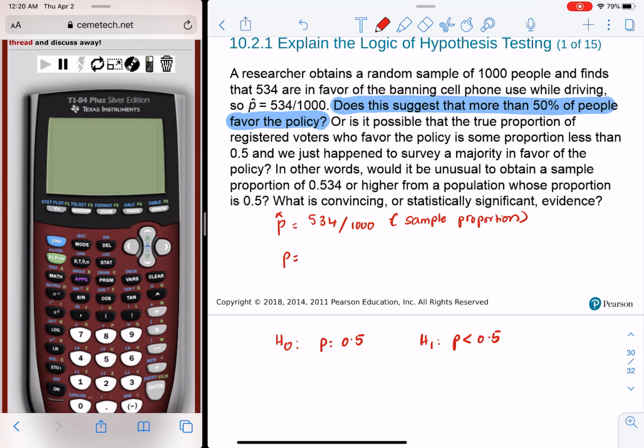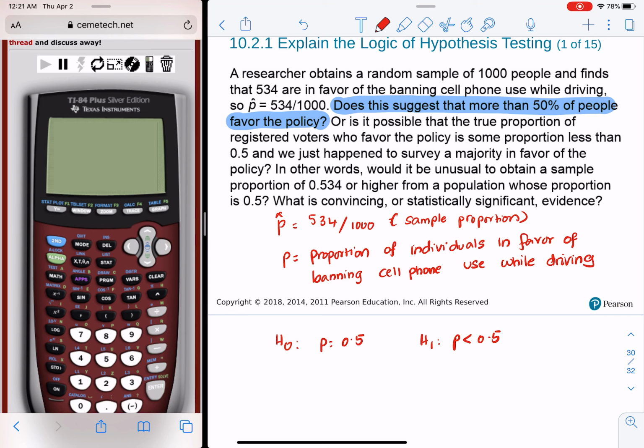P would be the proportion of individuals in favor of banning cell phone use while driving.